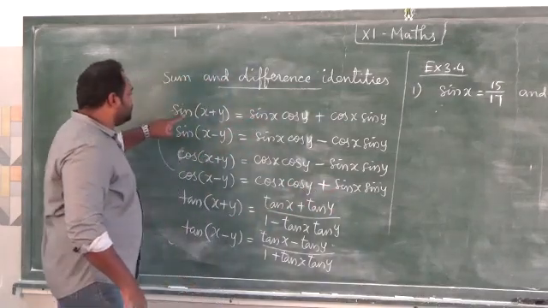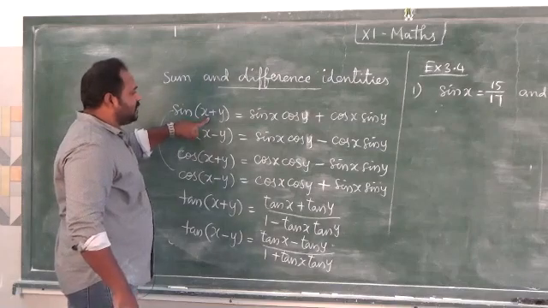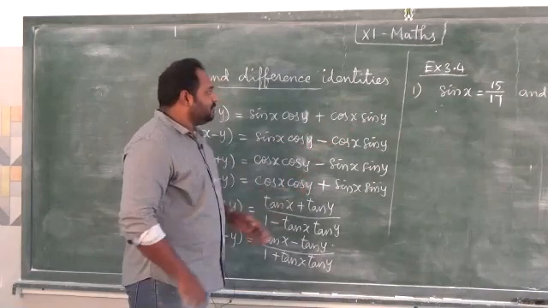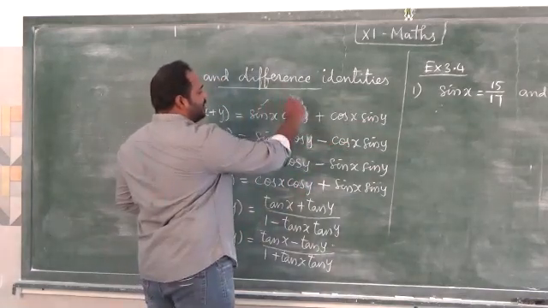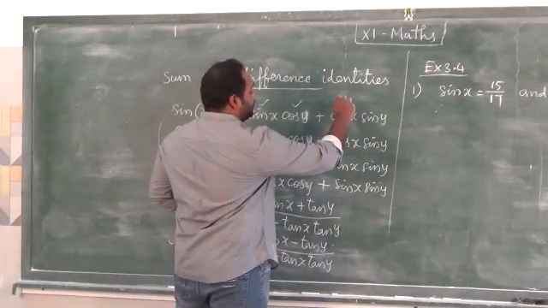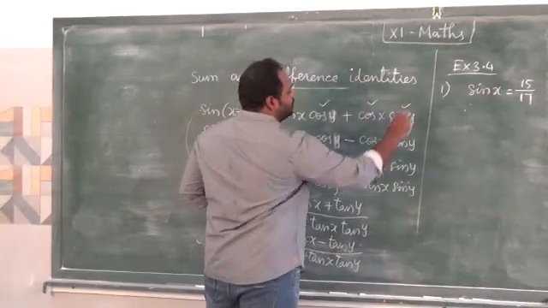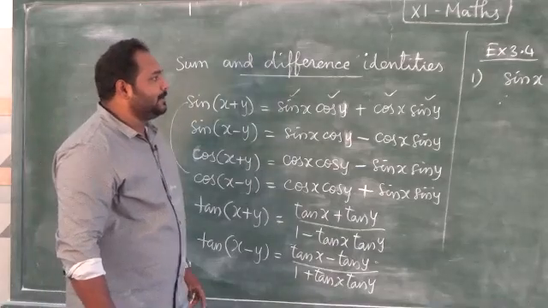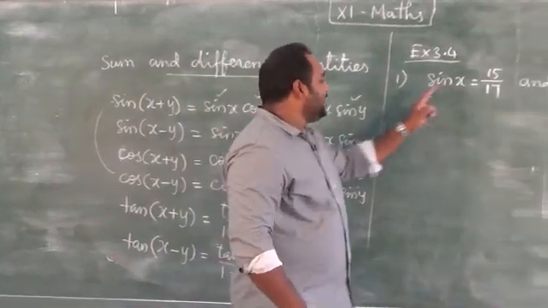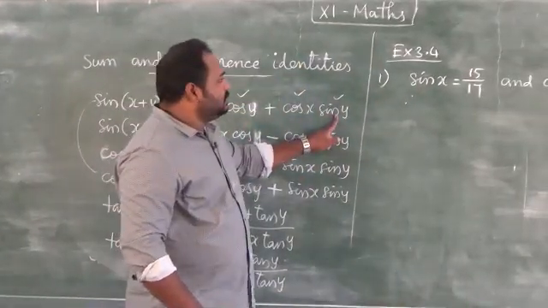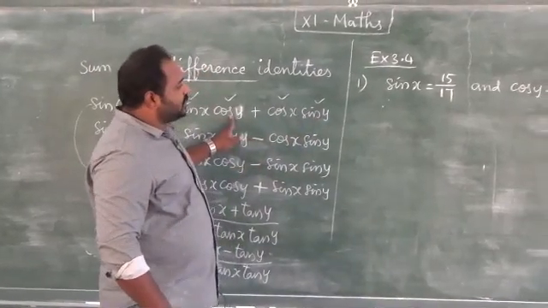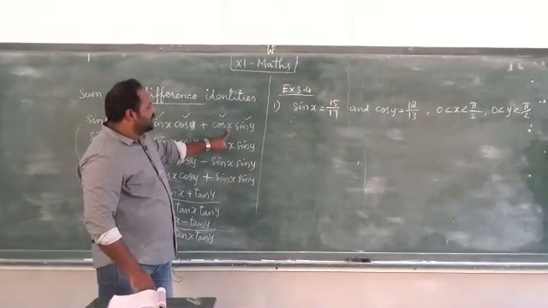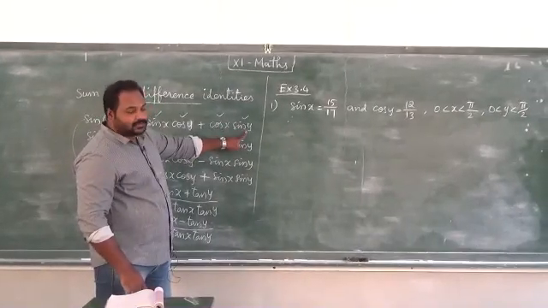Now they are asking in the first subdivision to find sin of x plus y. The sin of x plus y formula is sin x cos y plus cos x sin y. So if you know the sin x value, cos x value, cos y value and sin y value, we can apply them here and find the value of sin of x plus y. Here we have been given only the sin x value and cos y value. So we have to find cos x and sin y. How to find them?